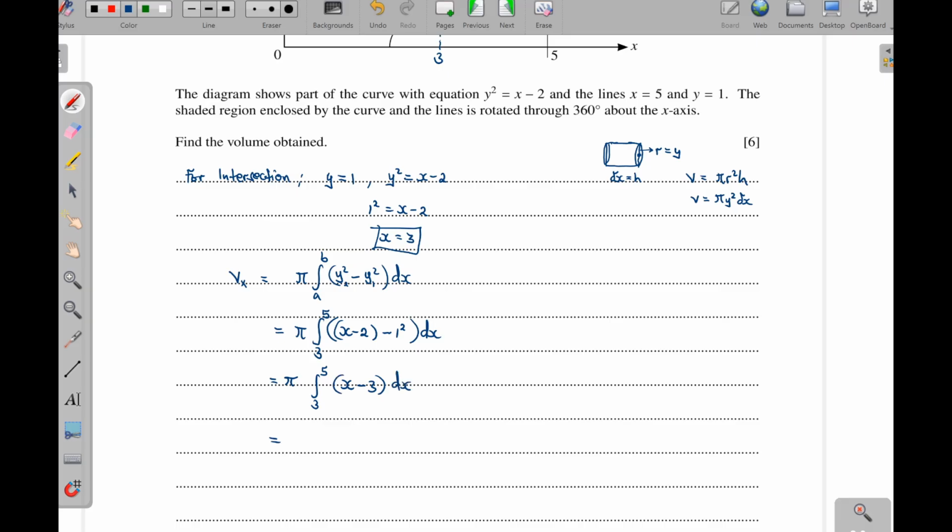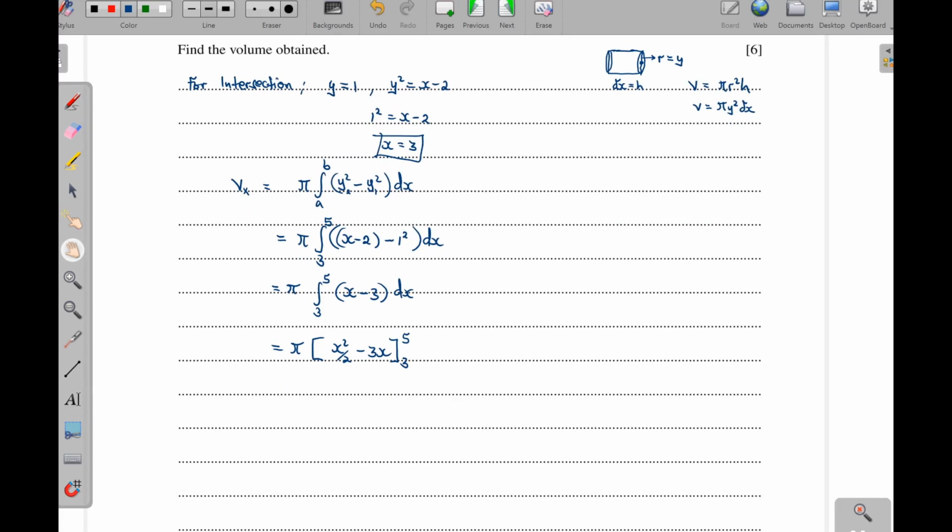Now, when you begin the process of integration, you take away the integral sign, then you replace it with the brackets. Increase the power by 1, divide by the new power, the same thing here, and then 5, then 3. And then when we put these limits, we shall get pi, then put 5, that will be 5 squared. 5 squared is 25, not so.